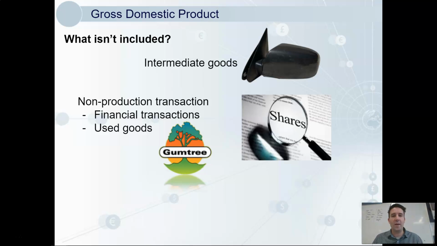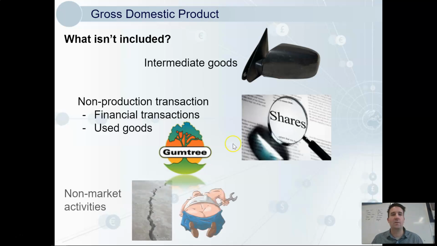We also only count what can be counted. So people doing illegal activities like selling crack on the streets, they're not going to report what they are selling to the government, so it's not going to be counted in our GDP, right?